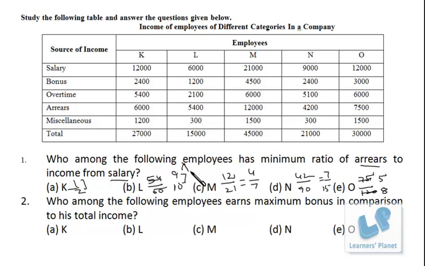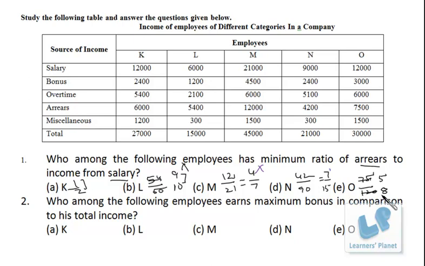And randomly also you can take up, just a moment, or cross multiplication method will be most suitable in this case. Suppose if you wish to compare between 4 by 7 and 7 by 15, just cross multiply. So it's 15 into 4 is 60 and 7 into 7 is 49. So this is smaller because here we are getting 60, here we are getting 49. So this is eliminated.